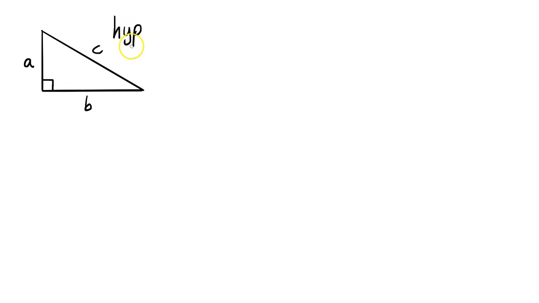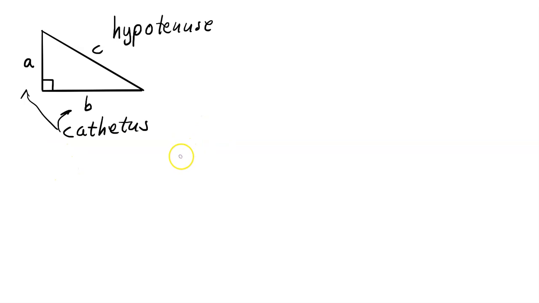So for a right triangle, we call this a hypotenuse. The other two are called cathetus. So these two are called that.